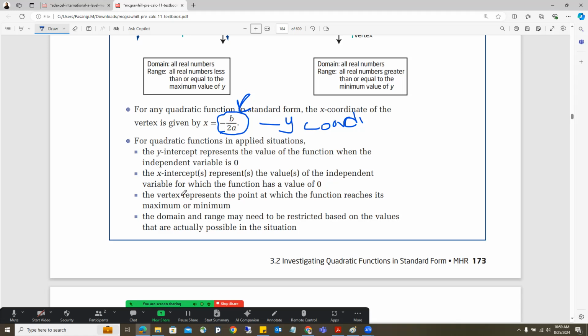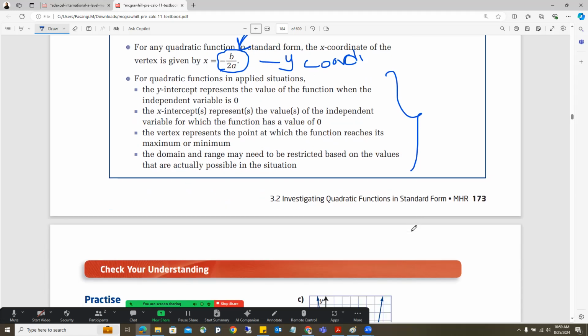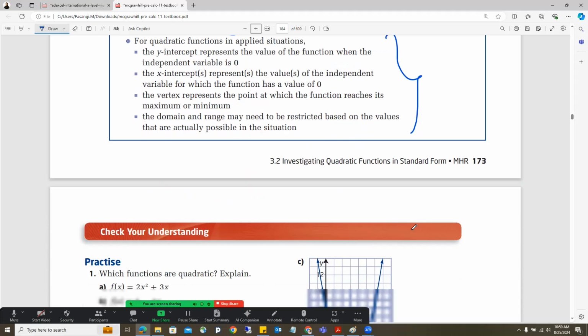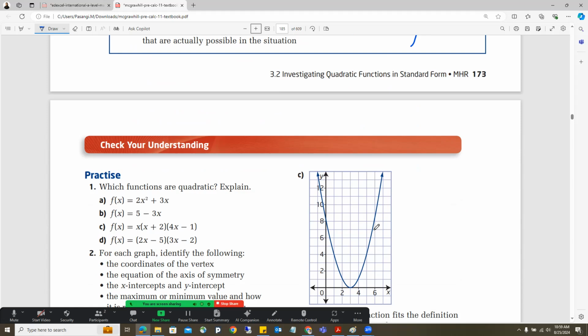The vertex represents the point at which the function reaches its maximum or minimum, and the domain and range may need to be restricted based on the values that are actually possible in the situation. If you can explain these graphs properly, then that's fine.